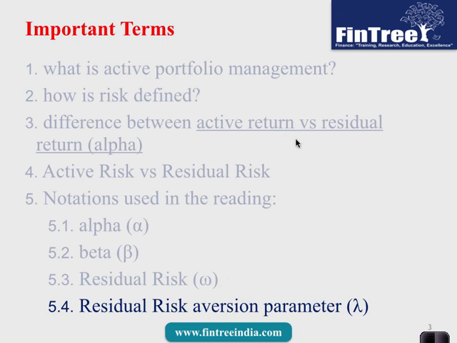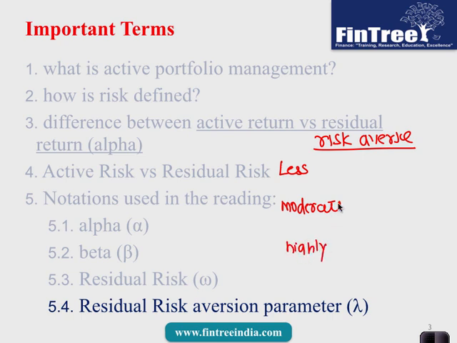At level 1 we have learned the concept of a risk averse investor. Risk averse means the one who would, for a given level of additional risk, demand an incremental return. So we can have a less risk averse investor, a moderately risk averse investor, or a highly risk averse investor.